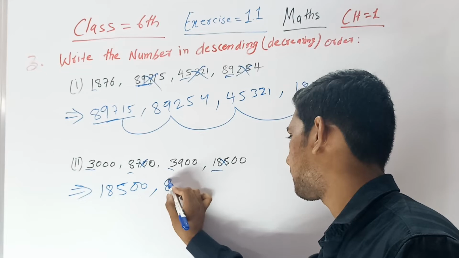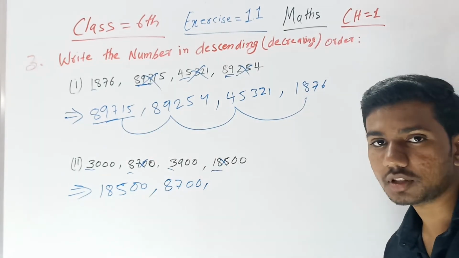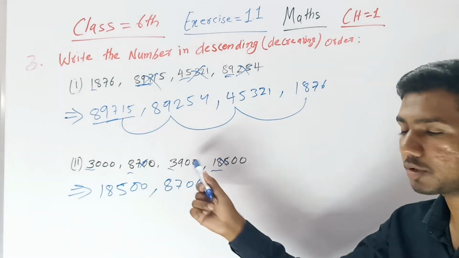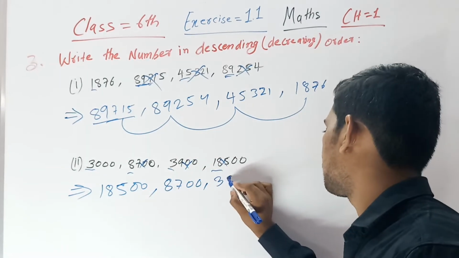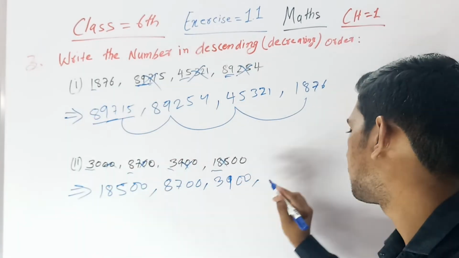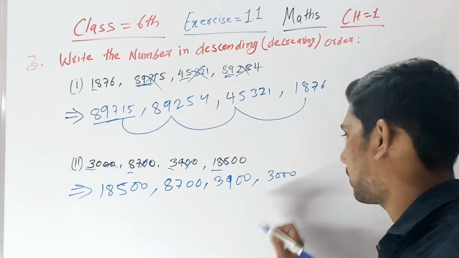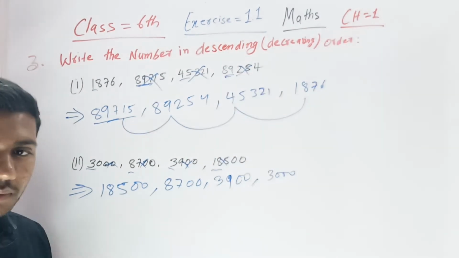Okay, let's see. Then after, 3,000, 3,000, which comes? This one. Very good. Listen everyone, listen here.